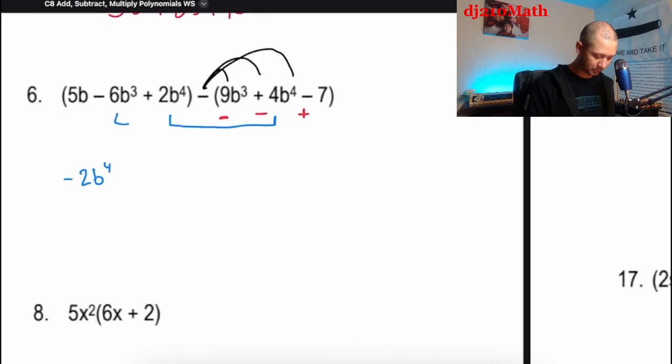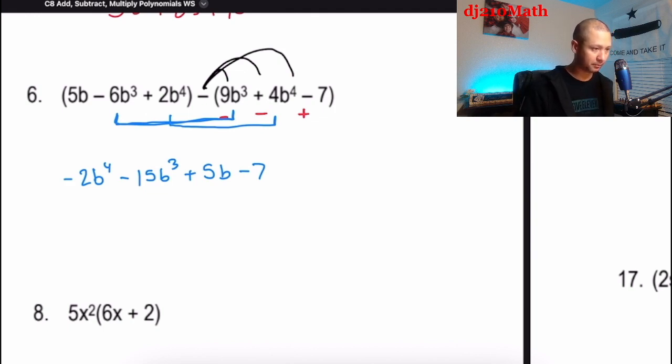Our b cubes, we have negative 6 minus 9, negative 15b cubed. Only one b squared, b term, no b squares. So 5b, and then the constant, minus 7.